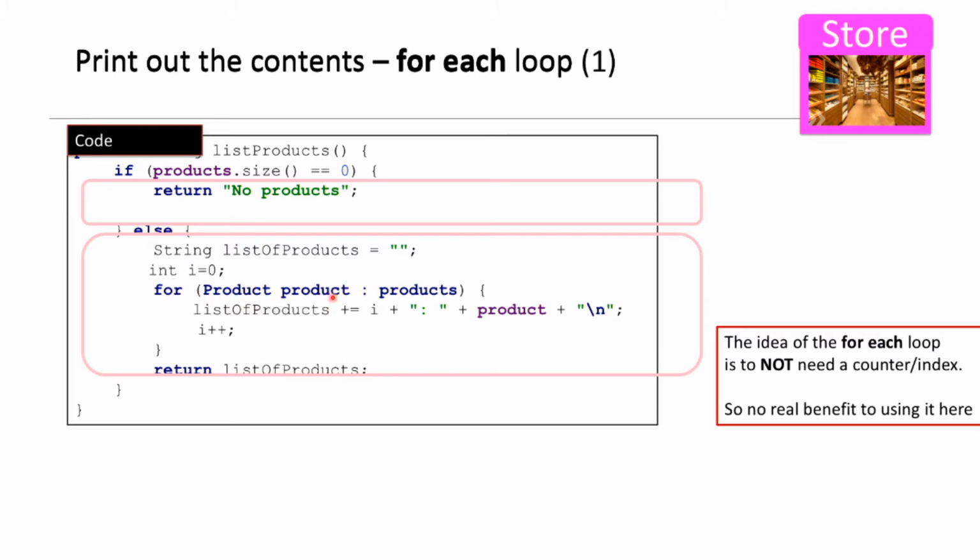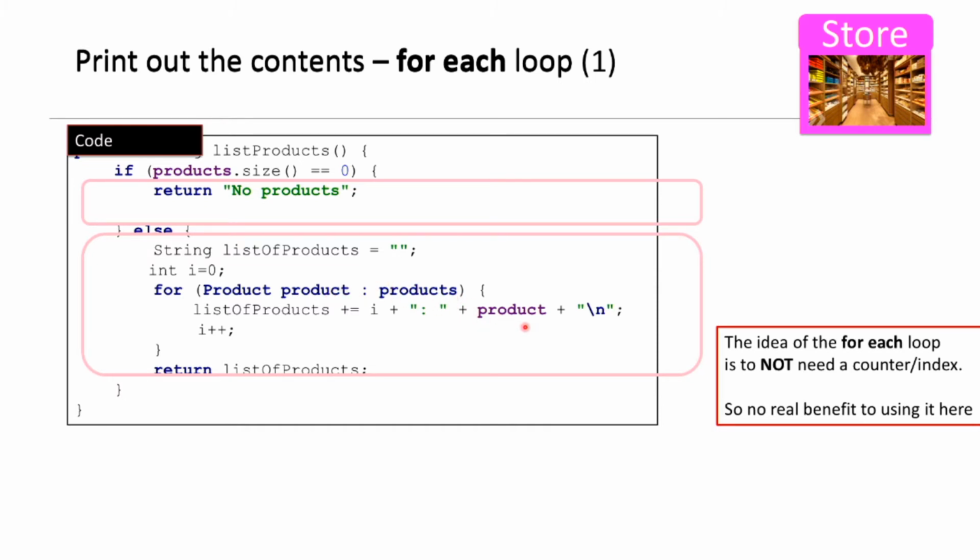So we have for each product of type product in the products array list, we are visiting each element, and we've got list of products. There's a string being built up. We're adding the index to it, just as before, colon and space, and then a product, which is the current product that we're looking at in the loop.